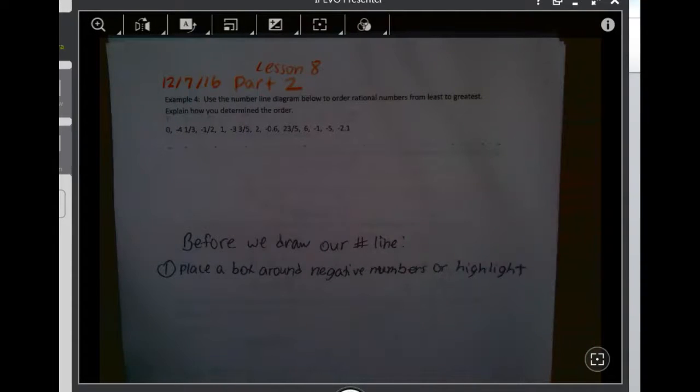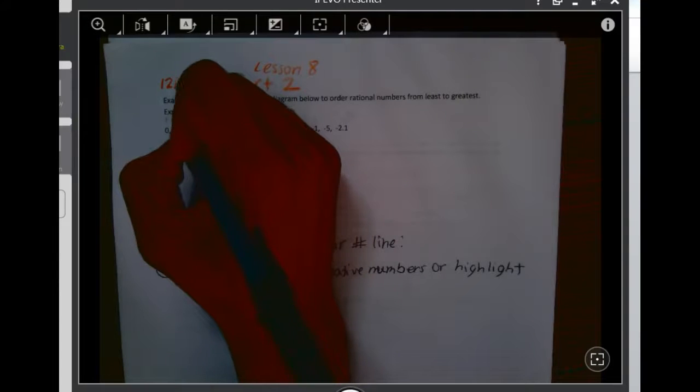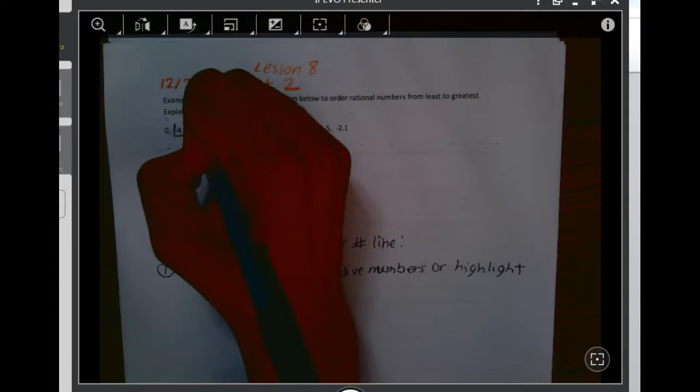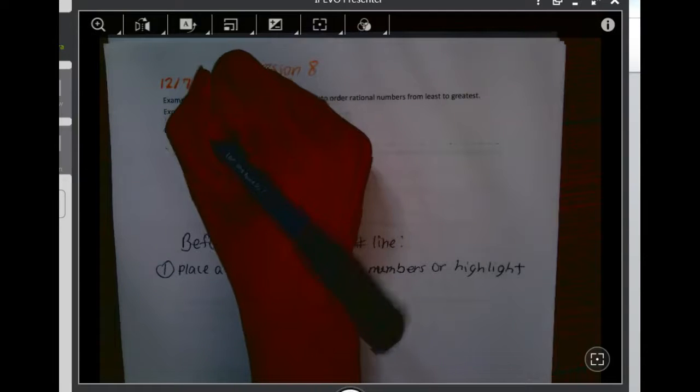So I'm going to go ahead and place a box around all the numbers that I see that are negative.